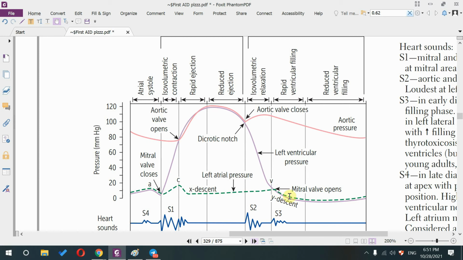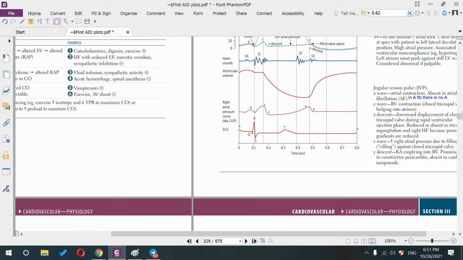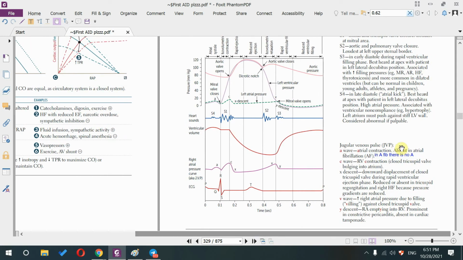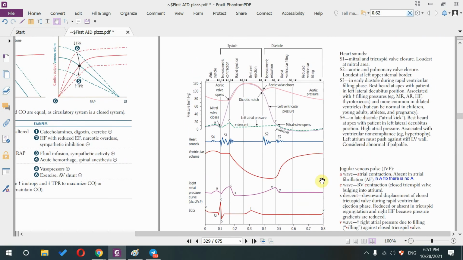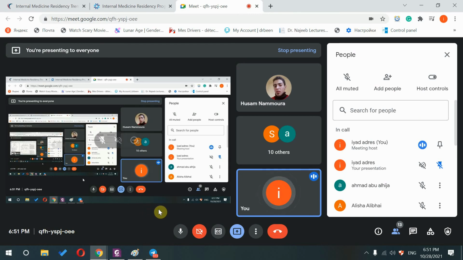And we have a Y descent due to the passage of the blood. I hope that makes sense. If it does not, don't worry about it. We'll be explaining the exact same thing after the break, but on the right heart. Okay, guys, if that makes sense, nothing else will be difficult for you in cardiology. So let's have a 10 minutes break now, and we will continue after the break.